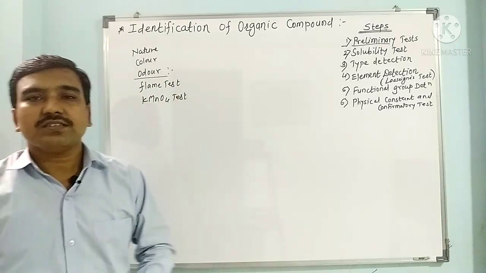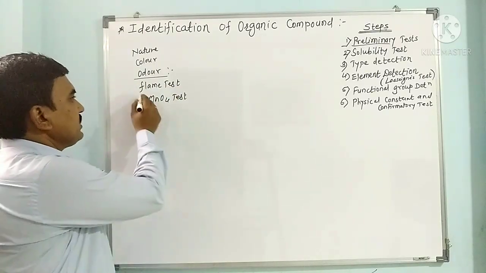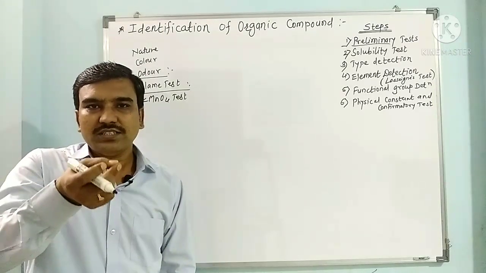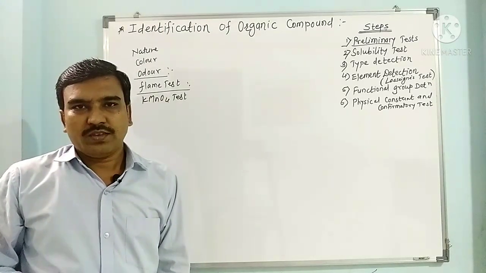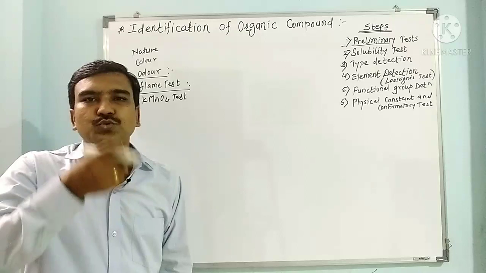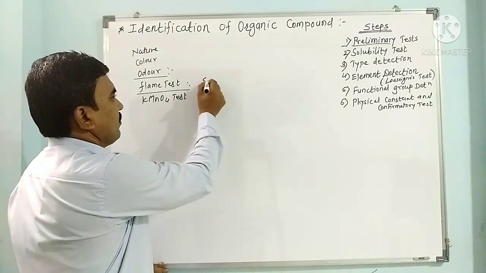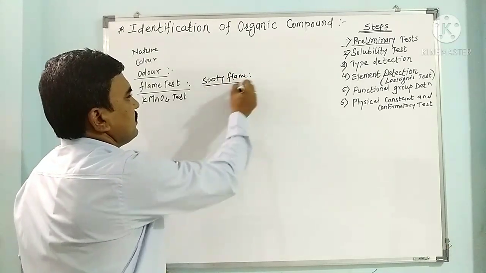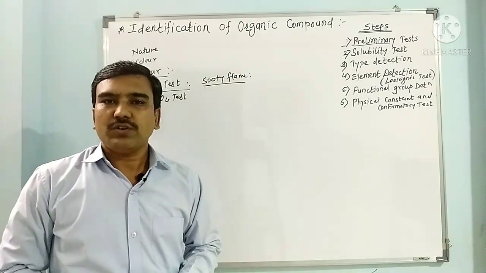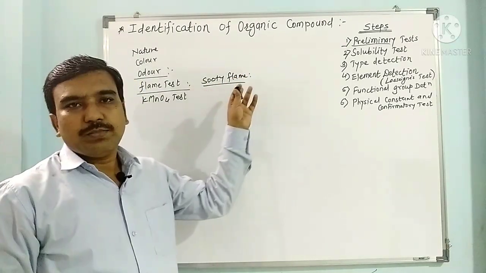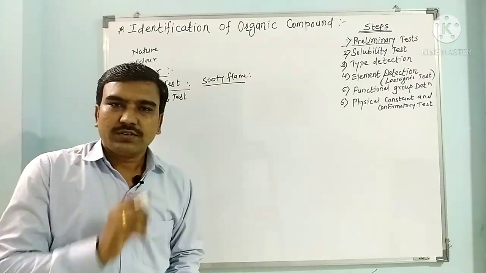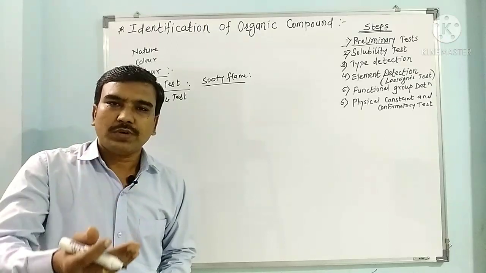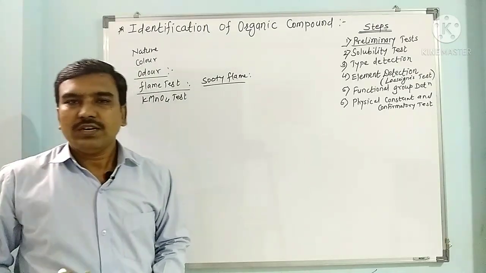Then next is the flame test. In the flame test, we take the compound on a porcelain piece and burn it on the flame. When we get a sooty flame, that is, a blackish kind of flame, when the compound burns, it concludes that the compound contains a higher proportion of carbon and a lower proportion of hydrogen.